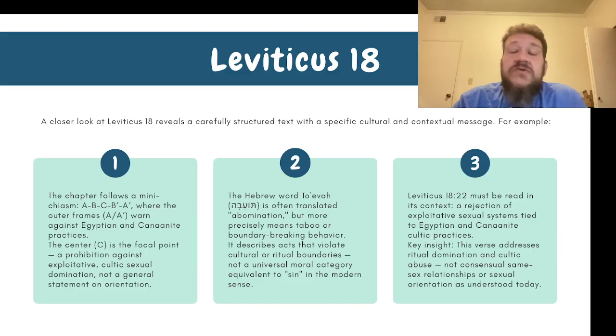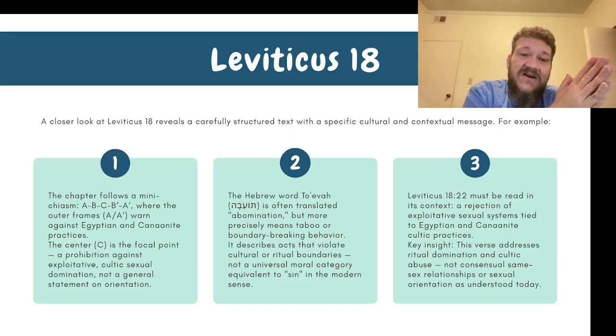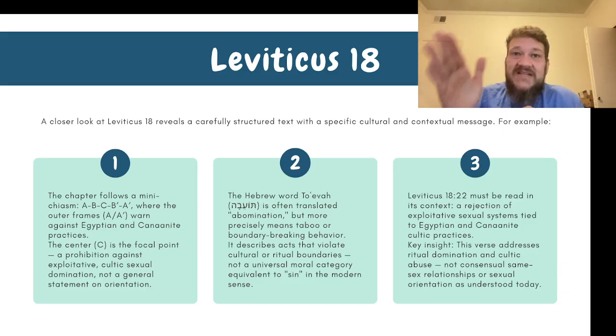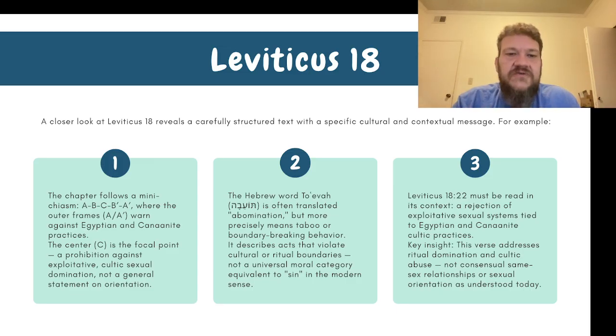There were also gender variant individuals, people who were considered non-binary, who might wear clothes that were more masculine or more feminine than expected. And the Persians were known for absorbing cultures and local sexual norms.